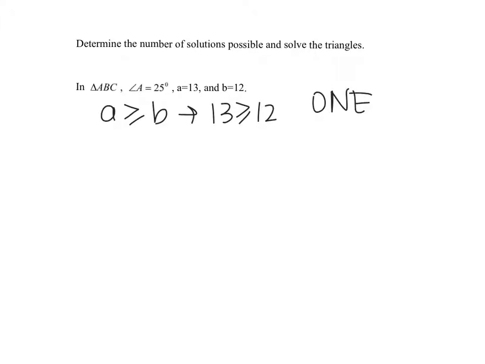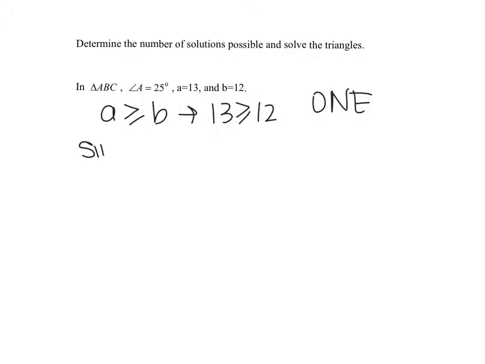Your other option is to find the height. A is greater than that, but we don't need that because it meets that fourth case. So we're going to go ahead and solve our triangle. Let's set up what we know into the law of sines.